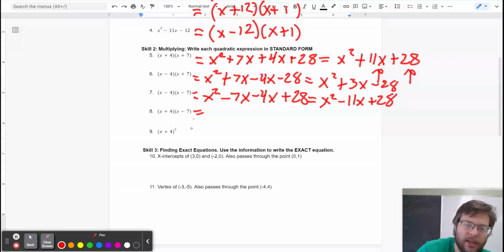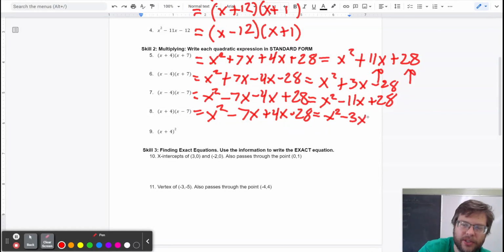Last one of these type, I've got x times negative 7, positive 4 times x, positive 4 times negative 7. And so this is going to be very similar to the answer from question 6, just with a negative 3x instead of a positive 3x.